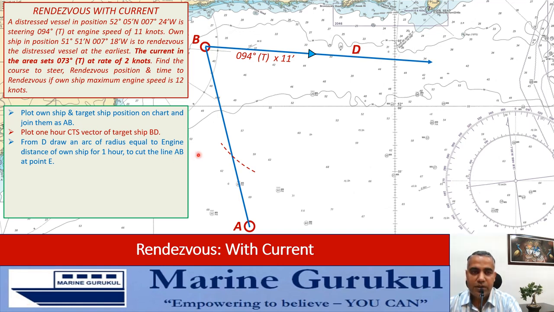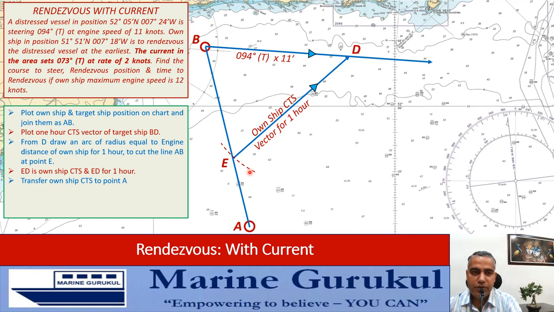This arc cuts the line AB at point E, Echo. We have the Echo point on the screen. We now join point Echo with Delta. We have the Echo Delta vector on the screen now. Echo Delta is the own ship course to steer and engine distance for 1 hour.